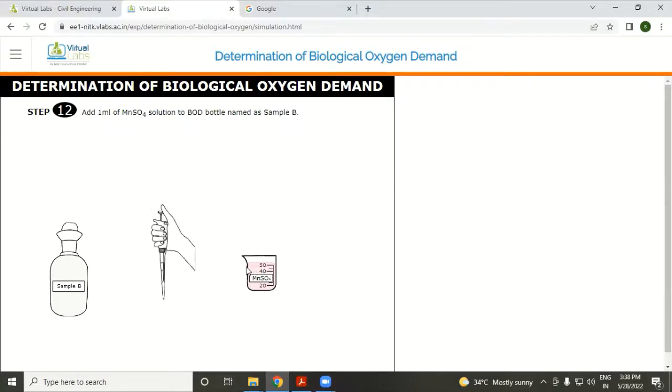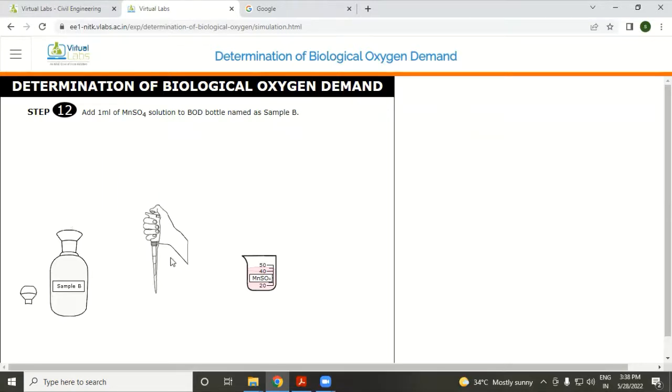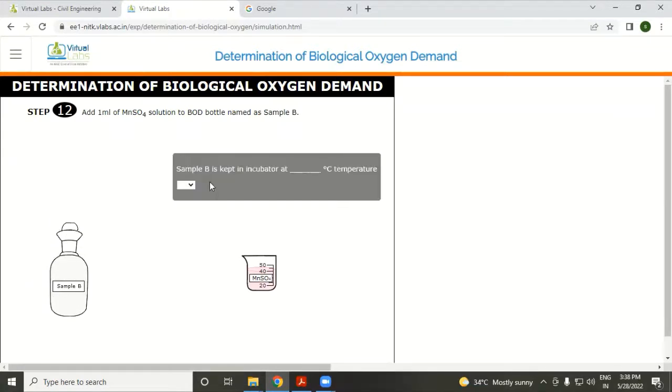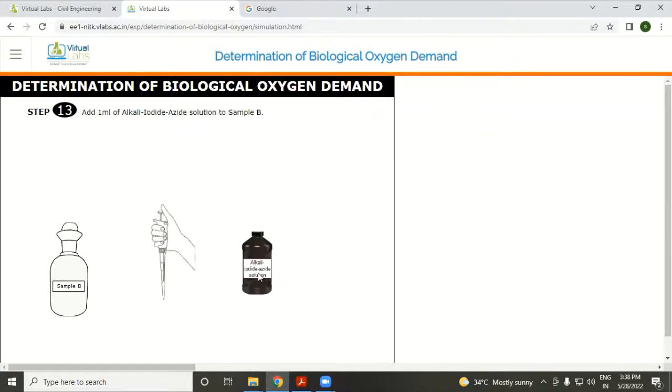Then take 1 ml of MnSO4, magnesium sulfate, in BOD bottle B. Sample B is kept in the incubator at what temperature? It is 20 degrees Celsius. So go to the next step. Add 1 ml of alkali iodide azide.